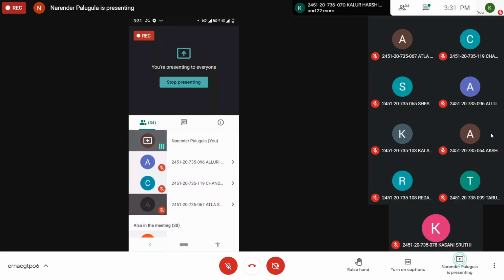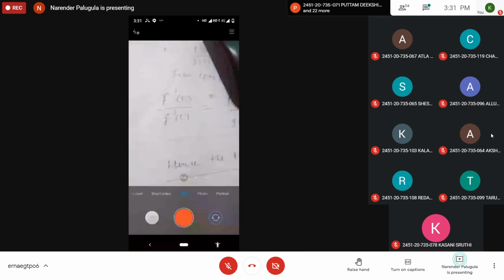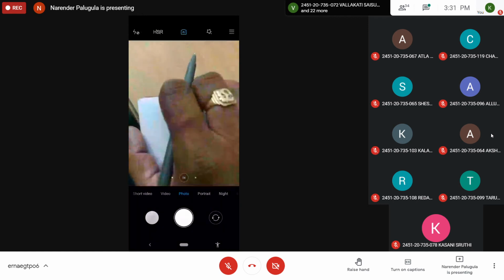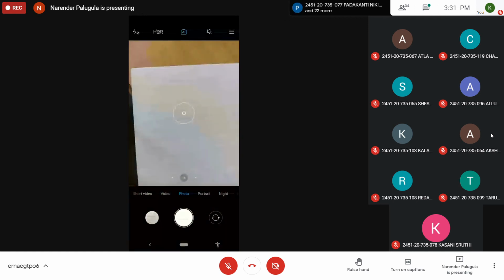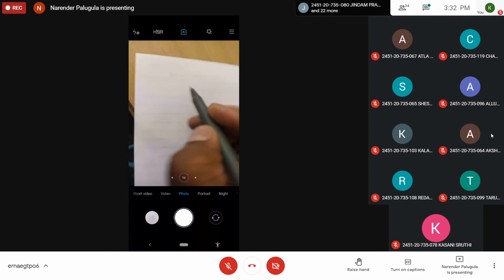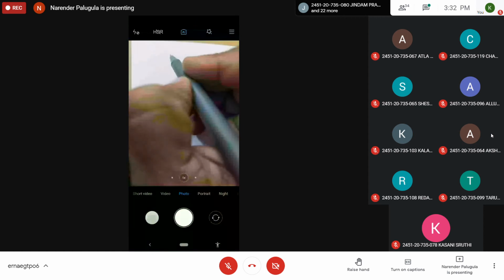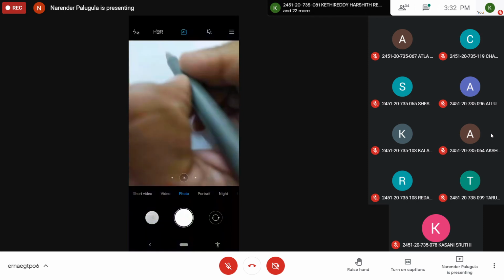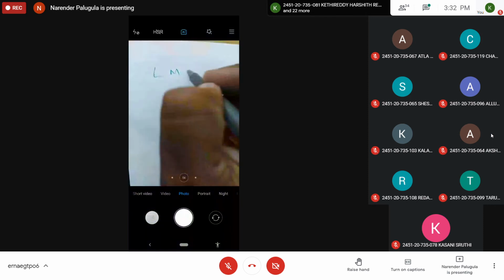Now, what is the Taylor theorem? Before going to discuss Taylor's theorem, let us discuss once again Lagrange's mean value theorem. What is Lagrange's mean value theorem?